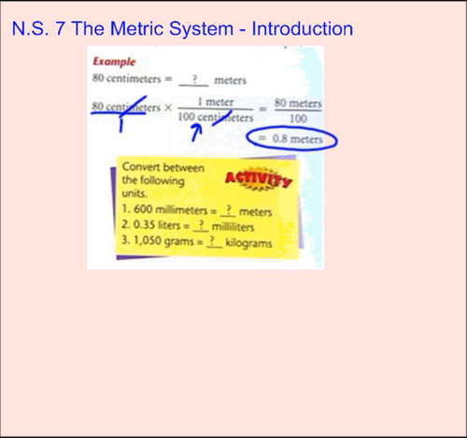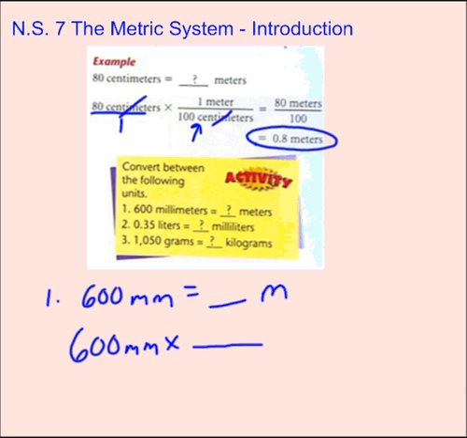So let's try these other ones. 600 millimeters. I'm going to use the abbreviation mm. How many meters is that? All right, well, we need to come up with a conversion factor. So we're going to take 600 millimeters and multiply by a fraction.